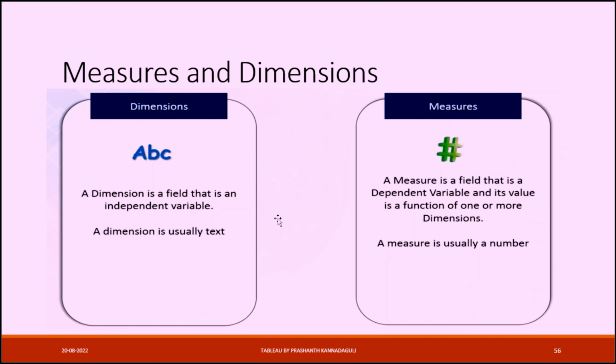You see the number comes on the y-axis. That's why measures are normally the dependent variable, and it's a function. Function means it has to be a number. Again, this is not always, but most of the time is what we have observed. Dimension is usually text and measure is usually a number, because depending on something I'm writing a value.